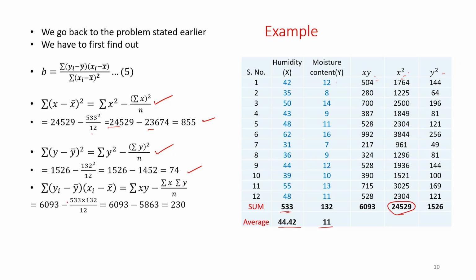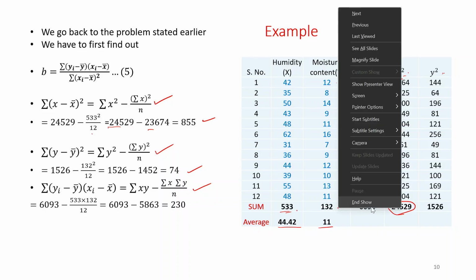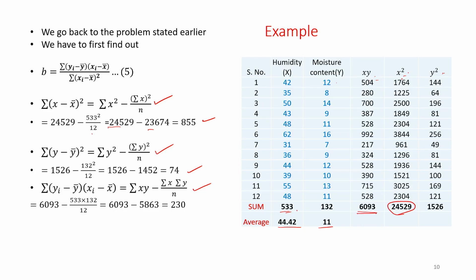And now if I want to find this one also, y minus y bar multiplied by x minus x bar, and then sum them up, the simplified formula is sigma xy minus sigma x into sigma y by n. So we have sigma x here, this is my sigma y, this is sigma xy, and n is also known. So just substitute and get the figure, which is 230.